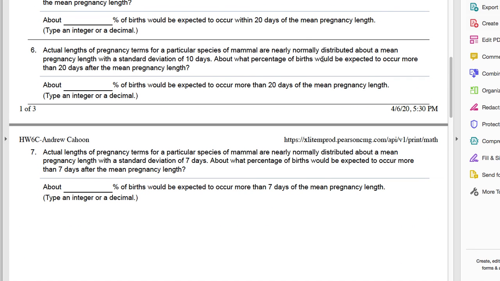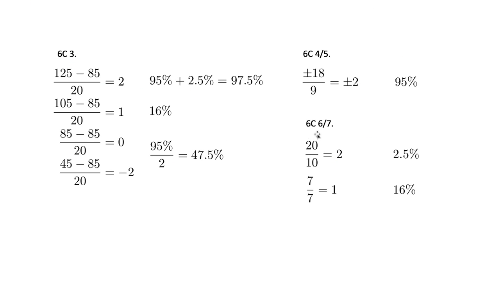Okay, 6 and 7 are slightly different because they ask what percentage of births would be expected to occur more than 20 days after the mean pregnancy length. So we know the top is a 20. We don't know the mean, but we know it's 20 more than the mean. The standard deviation is 10, so we get 2.